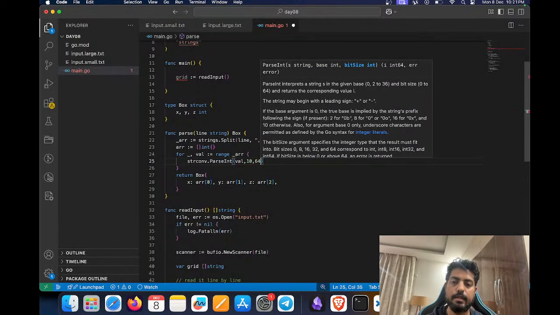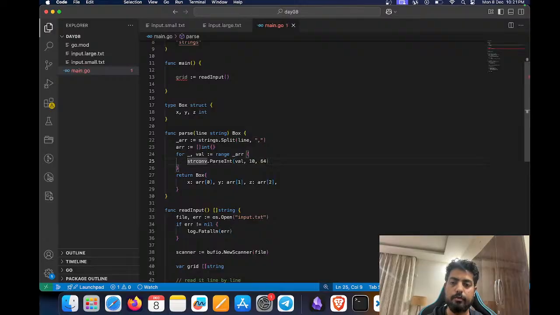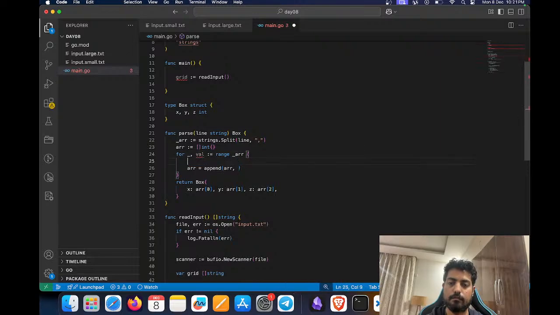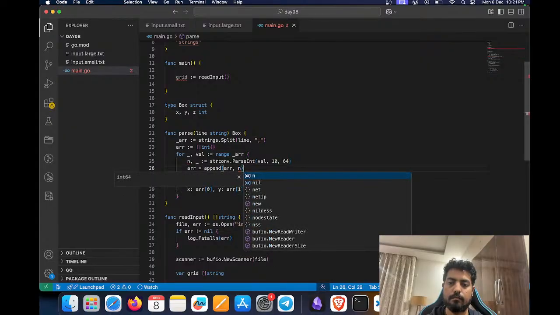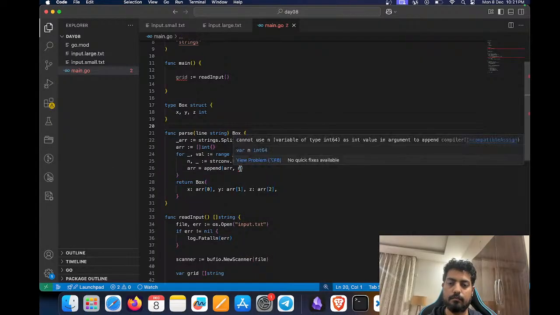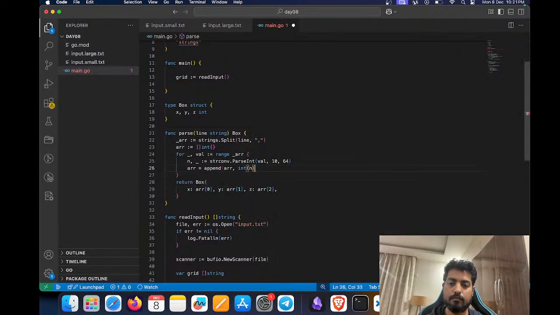So we need base 10 and bit size is 64. Okay, so this is it.